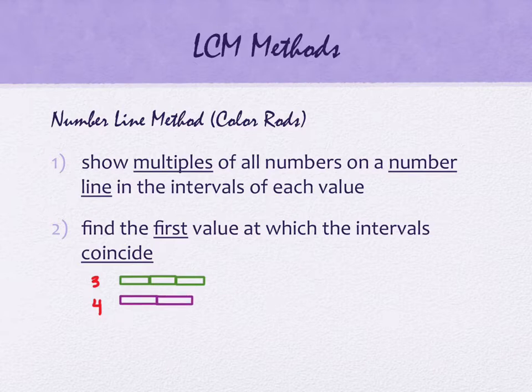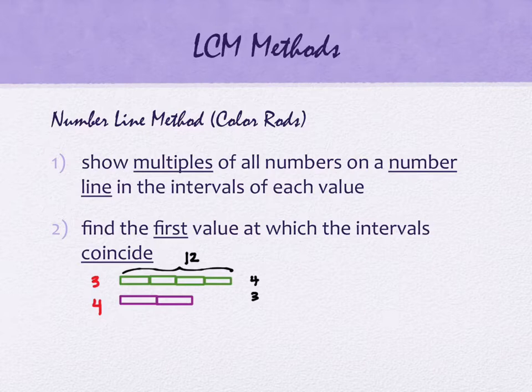And I'd like for you to tell me how many green rods and how many purple rods it takes until they match up lengthwise. 4 green rods and 3 purple rods. So 4 here and 3 here. And 4 green rods, when they're 3 long each, is the number 12, right? This is 12 long.